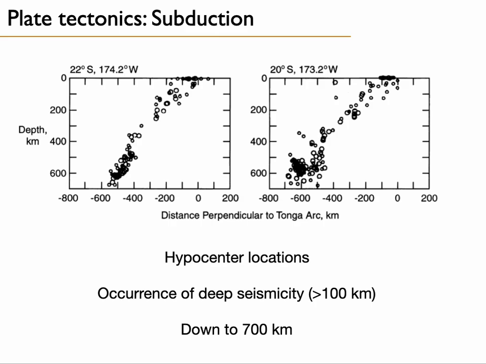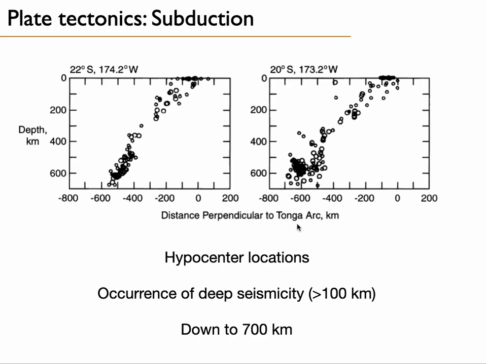So basically a plate that goes down also deforms and can be the source of seismicity. So seismologists can measure the depths and positions of these earthquakes. And when this is done in subduction zones, one can actually record a pattern that looks like a slab.